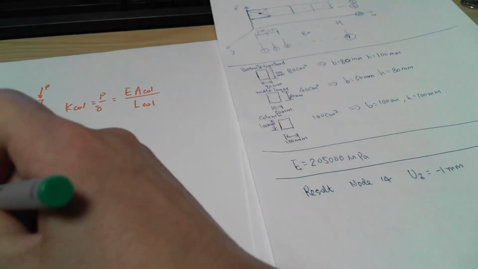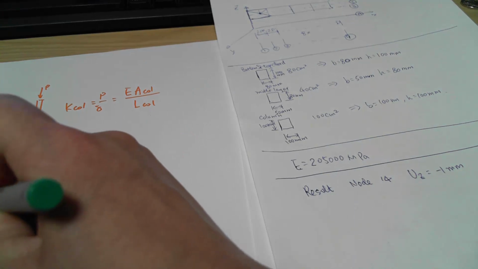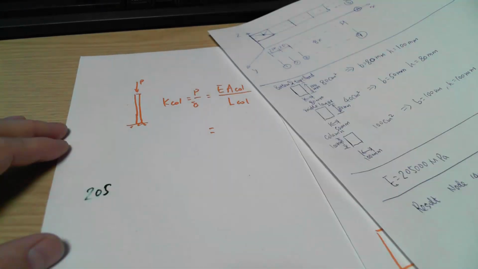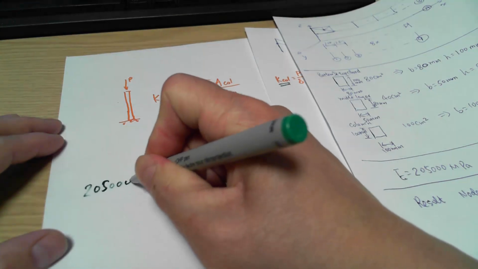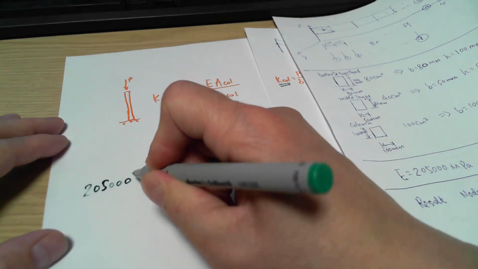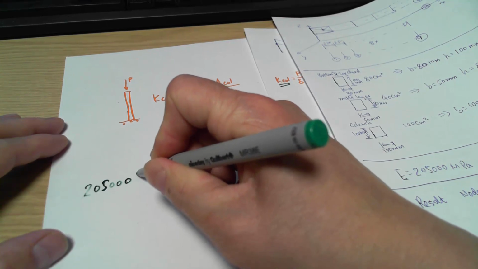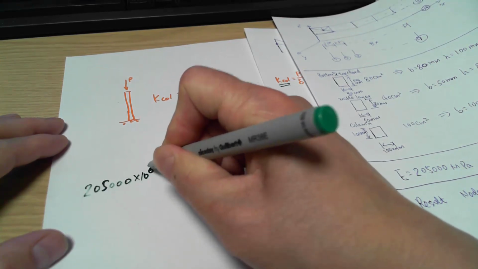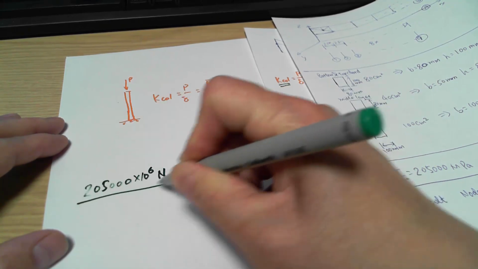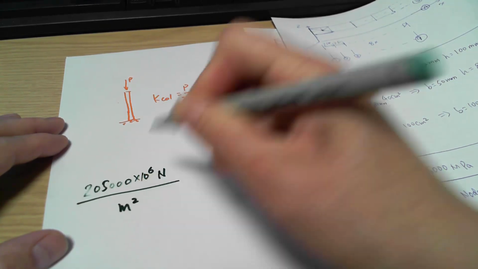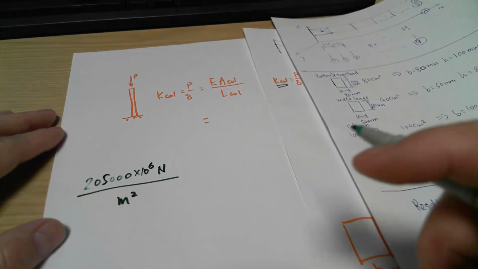So the Young's modulus is 205,000 megapascal, so it is times 10 power 6 Newton per meter square. So that's the Young's modulus you have at the moment.